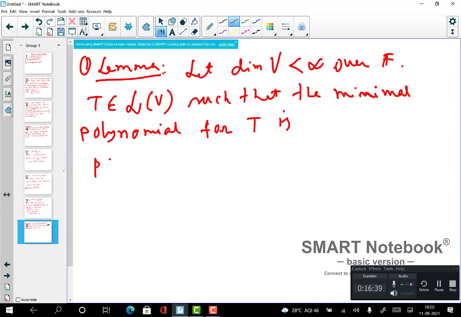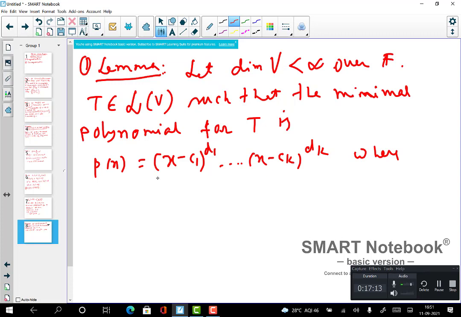This is a product of linear factors, that is, (x minus c1)^d1 up to (x minus ck)^dk, where c1, c2, ..., ck are the eigenvalues of T, because you know that the minimal polynomial and characteristic polynomial have the same roots.